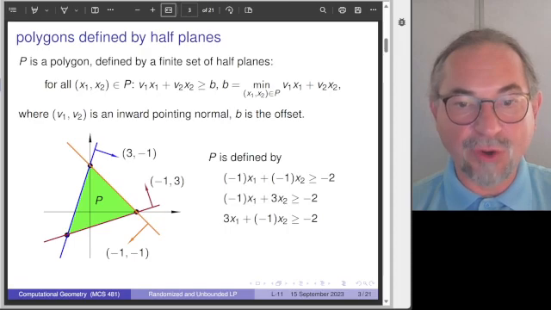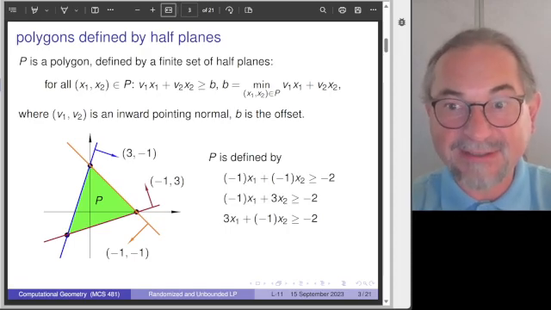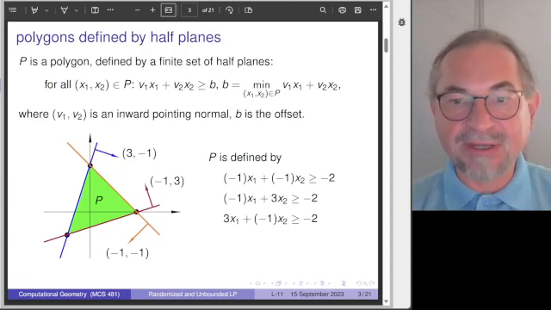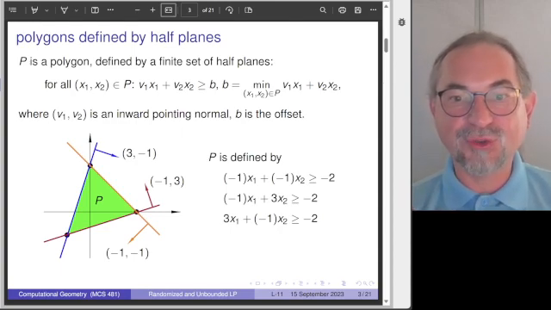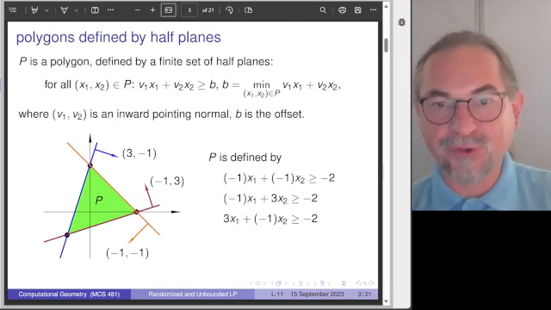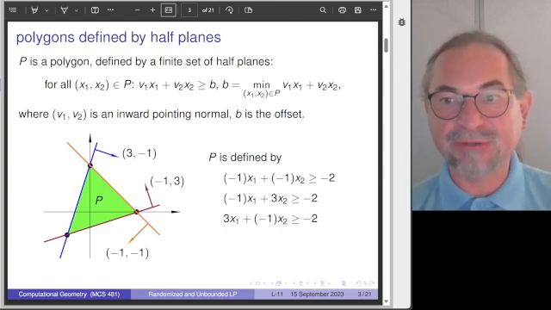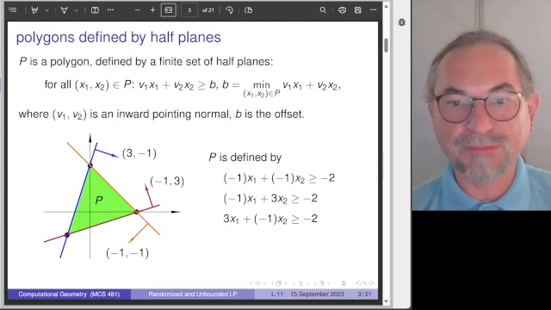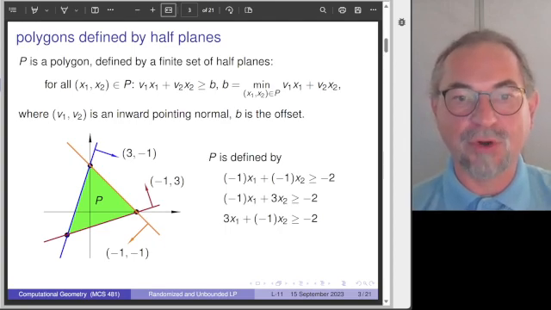You can see that the origin is inside the polygon, (0, 0) satisfies. You can read off that the vertex most to the right is (2, 0). If you go further to the right, to (3, 0), then you have -3, and -3 is not larger than -2. So the (3, 0) point does not belong to the polygon.